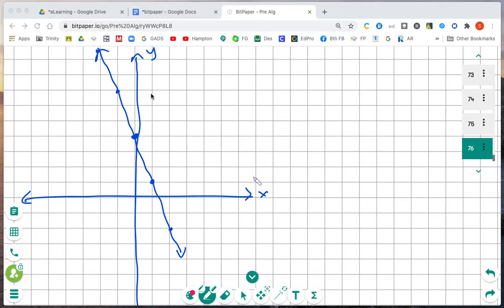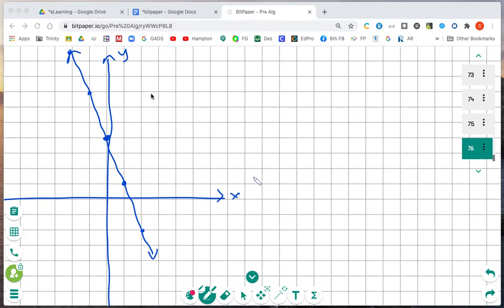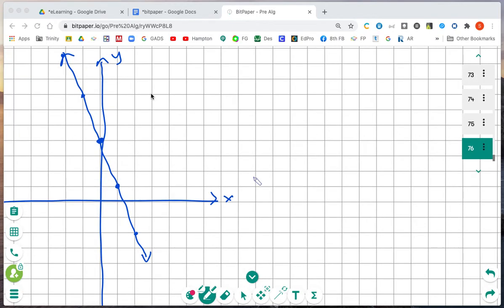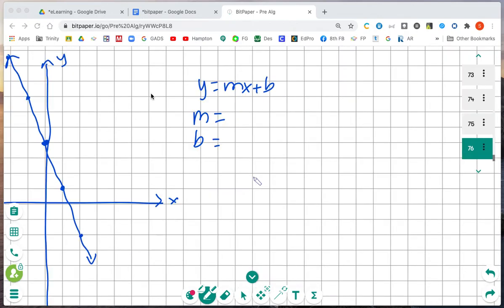And we're going to do equation of the line again. So we're going to do y is equal to mx plus b, m equals, b equals. We're going to find our m. We're going to start with this ordered pair and this ordered pair.